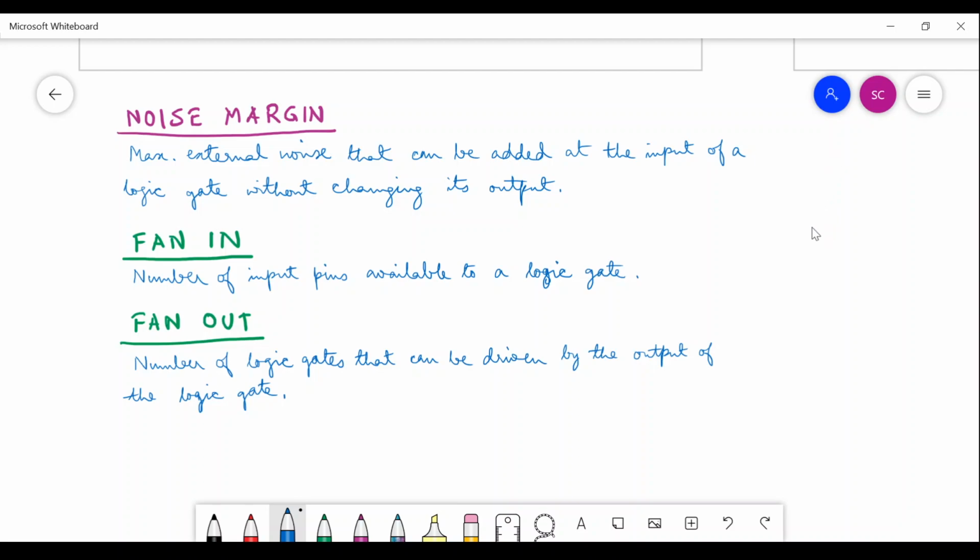So this is a NAND gate, but it is true for all gates. This propagation delay time is also present for all different gates. Different gates will have different propagation delay time, different noise margin, different fan in and different fan out, and this will also vary across manufacturers.